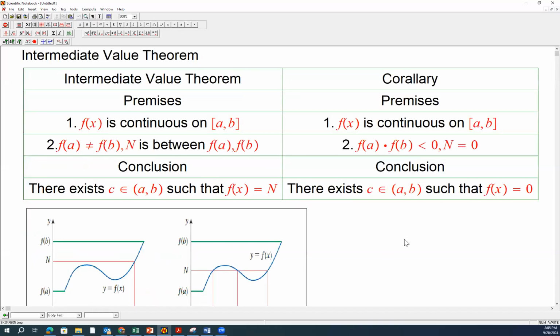We want a function that equals either capital N, of our choice, which is going to be a constant, or, in the case of the corollary, we want f of x equal to 0. Which one is easier? I think the corollary case is easier.